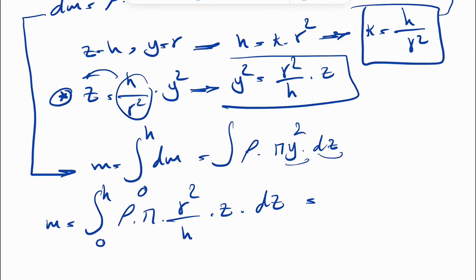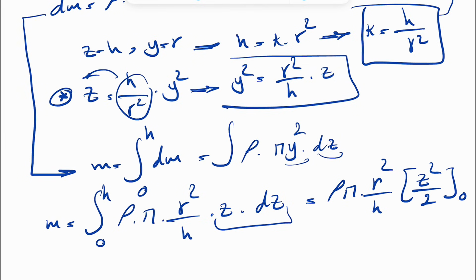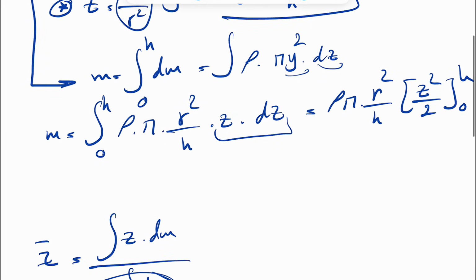We know the integral of this part; the rest are constants. So pi rho r squared h, and this part is going to be z squared divided by 2, going from 0 to h. So our m would be h squared divided by 2.